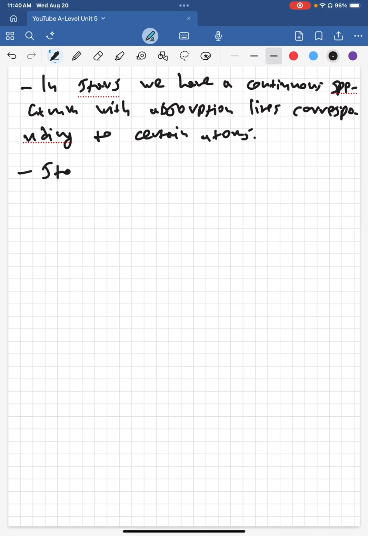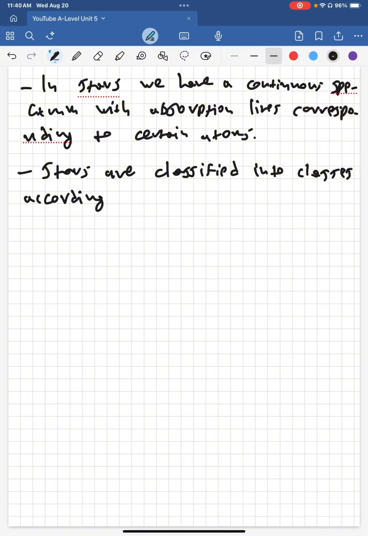So stars are classified into classes according to their temperature, color, by color I mean the spectrum usually, radius, luminosity.